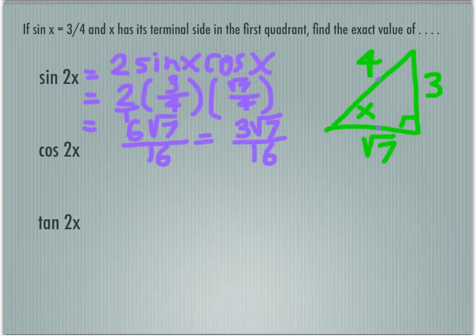Cosine of 2x. Now if we recall from the previous slide, the cosine double angle formula has 3 different options. You can use whichever one seems easiest. Since they give us that the sine is 3/4, maybe we should just use that one. The cosine formula that uses sine is 1 minus 2 sine squared x.